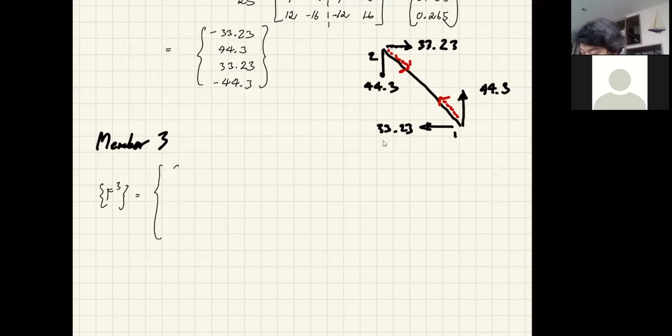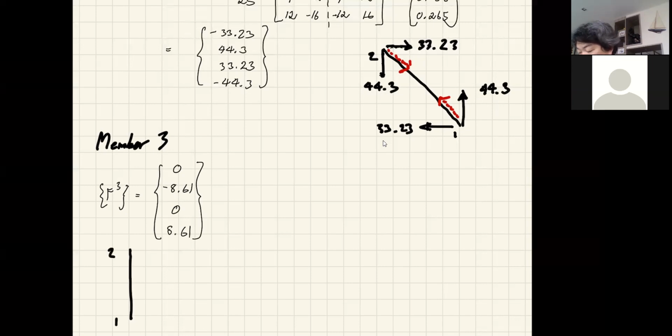So better be 0. This is minus 8.61, 0 and 8.61. So what is this? The orientation of member number 3 is 1 and 2. So if 1 comes down, 2 goes up. So that means this member is under tension.